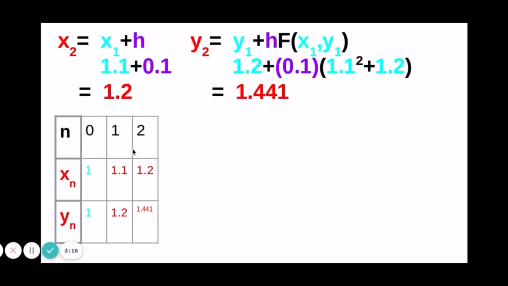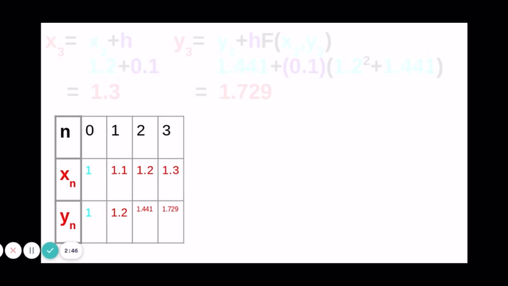So we're essentially traveling along the tangent line at x1, y1, 1.1, 1.2. We're traveling along that tangent line by the same change in x, 0.1, to find our new point, which is 1.2, 1.441. So while to find x1, y1, we travel along the tangent line of x0, y0, to find x2, y2, we are traveling along the tangent line of x1, y1.